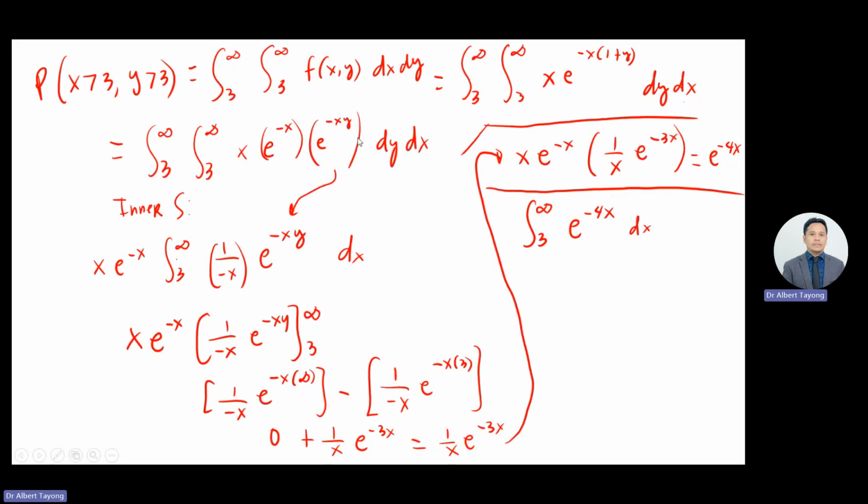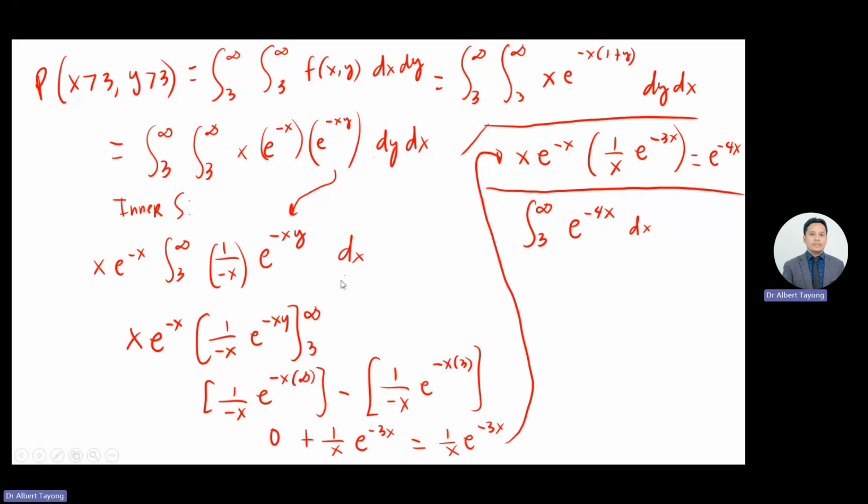And now I'm going to integrate the one with y, that's e raised to the power of negative xy. So it's going to be 1 over negative x times the whole thing, e raised to the power of negative xy, and the remaining is dx. dy is cancelled because we have integrated the one with y.